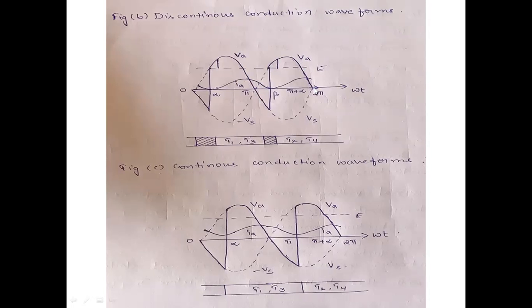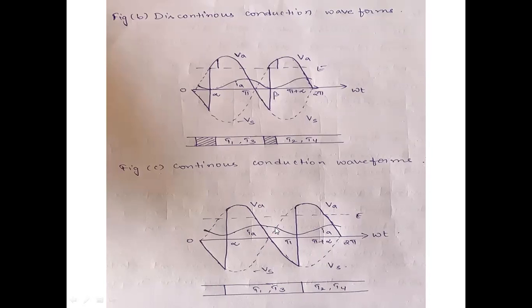Next, coming to the continuous conduction waveforms. In continuous conduction mode, a positive current flows through the motor. See here, this is positive current.